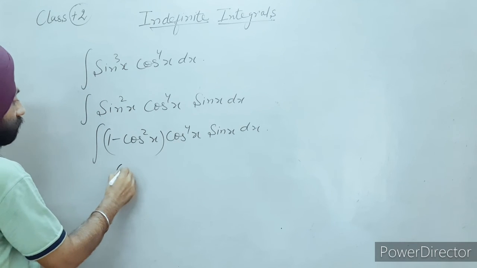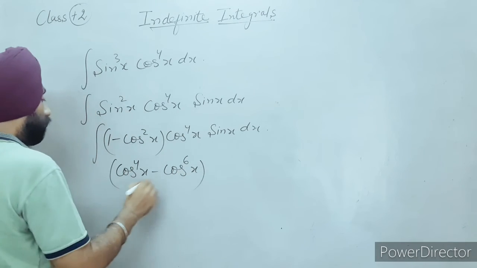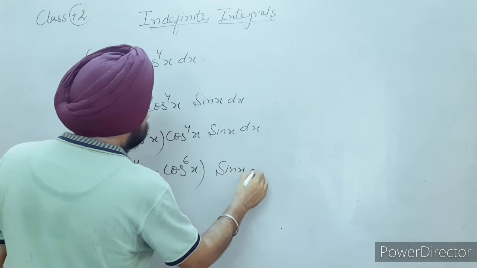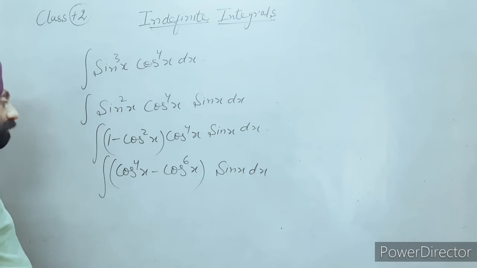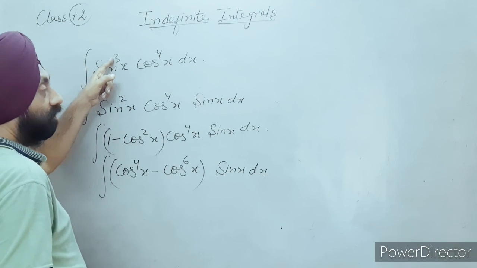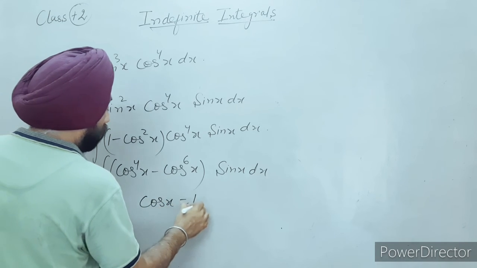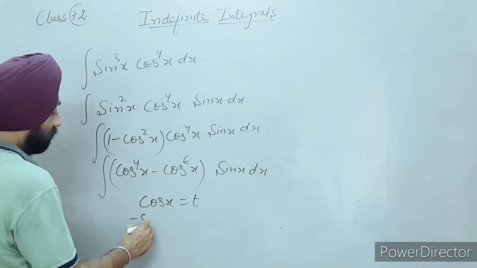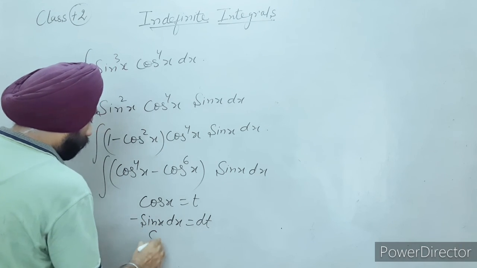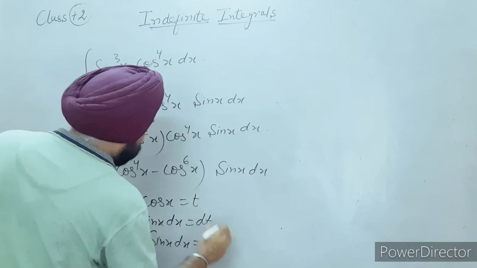Open the brackets: cos 4x minus cos 6x, into sin x dx. Now the exponent of sin x was odd, so we put cos x equals to t. Minus sin x dx equals to dt, or sin x dx equals to minus dt.